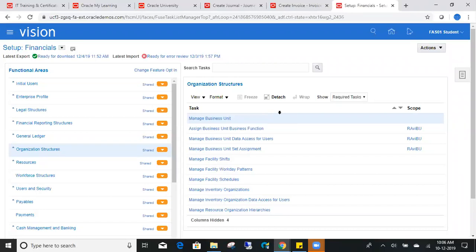So if I create for UK, and for US I'm creating with a common business unit, that means whatever is common, I can utilize it.